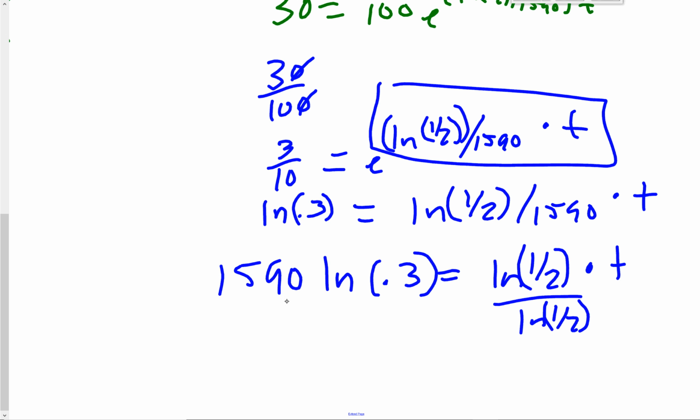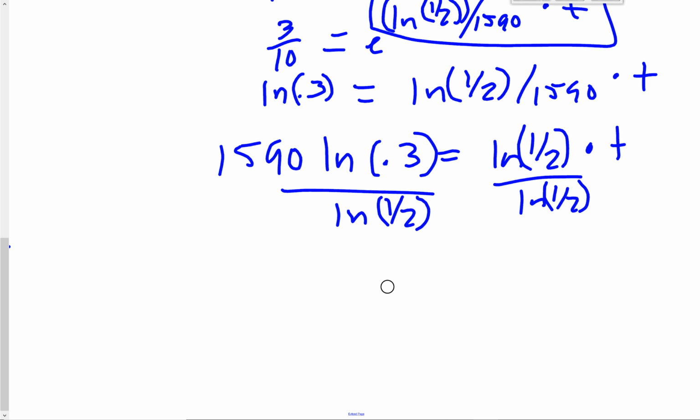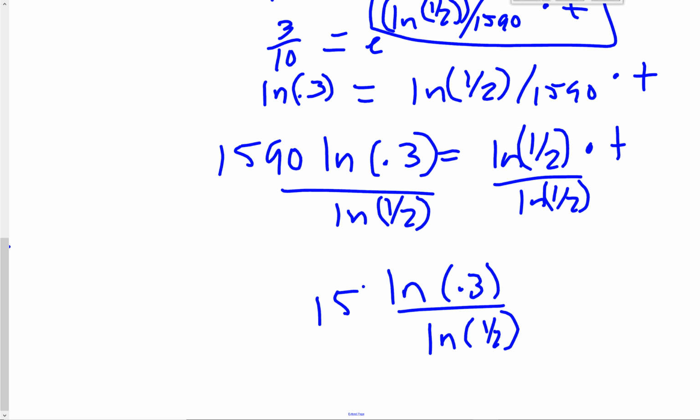Go ahead and finish this part. Take that, divide it by the ln of 1/2, and then multiply it by 1590. That will give us our t, which is 2762, which seems about right because it should be more than the 1590, because 30 grams is less than half. So there's our answer.